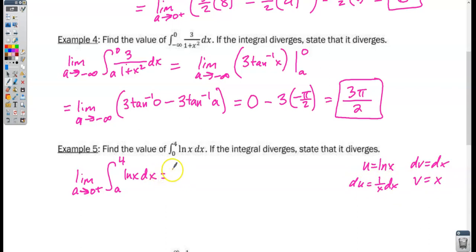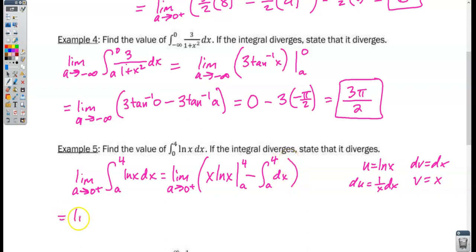And so this becomes the limit as a goes to 0 from the right of uv, evaluated from a to 4, minus the integral from a to 4 of v du, which when I multiply these two together, it just becomes dx.